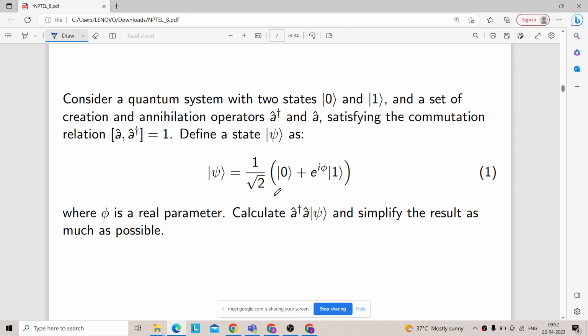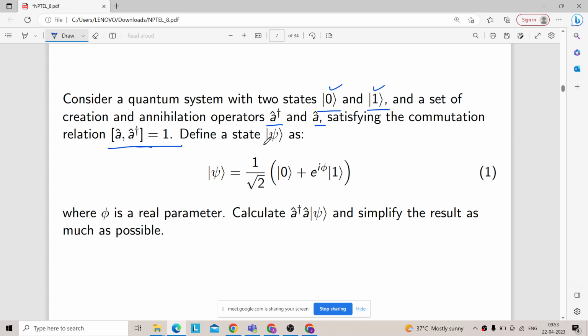So the next question says, consider a quantum system with two states, 0 and 1. That means there is 0 particle and 1 particle in this state. And a set of creation and annihilation operators A dagger and A, satisfying the commutation relation like this.